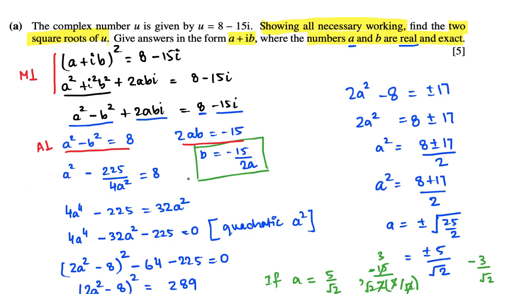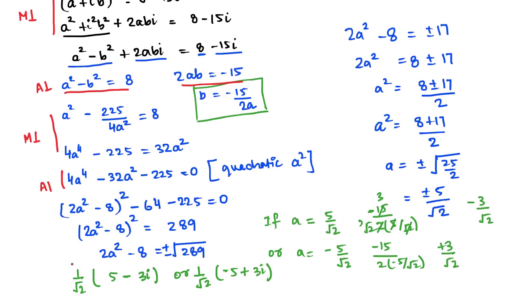Now this part, eliminating or substituting one of the variables in the other equation and simplifying, will give us method mark 1. If we form a correct quadratic equation after simplification, that gives us an accuracy mark. Then after solving, writing the two possible square roots will give us another accuracy mark. So total 5 marks.